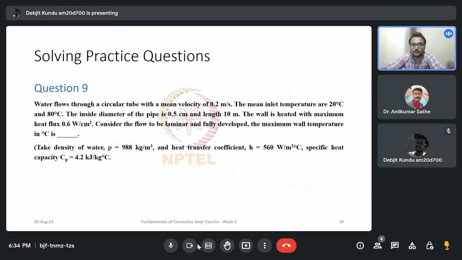Moving on, we move on to question number 9 of today's session. Question number 9 says that water flows through a circular tube with a mean velocity of 0.2 meter per second. The velocity is given. The mean inlet and outlet temperatures.